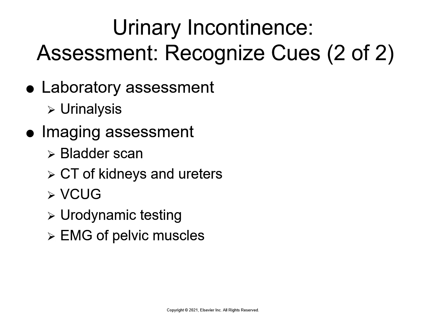That can be done to assess the size, shape, and support of the urinary tract system. Urodynamic testing may also be done, and that can take several hours and more than one visit. And EMG, electromyography of the pelvic muscles, they would do that to test the strength of the muscles.